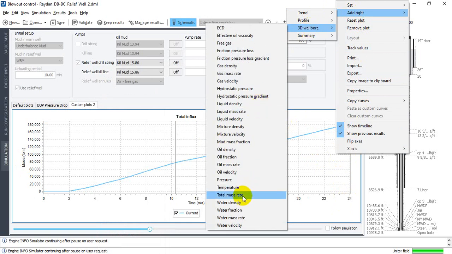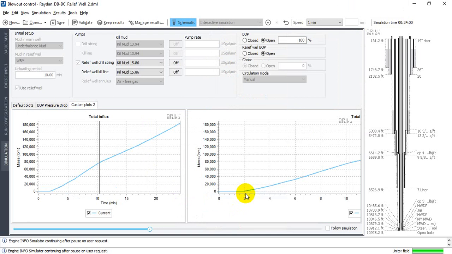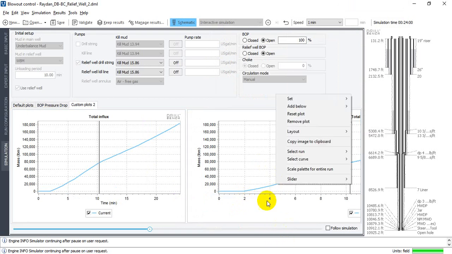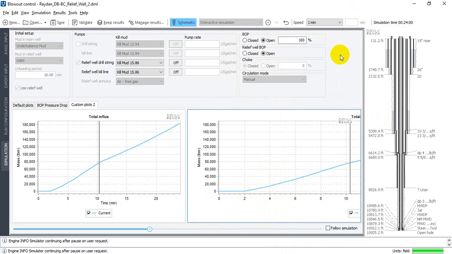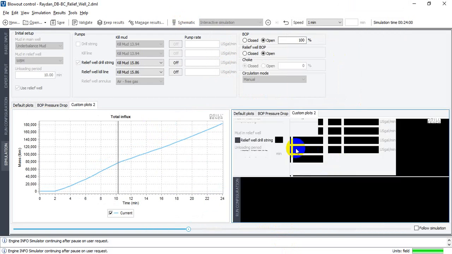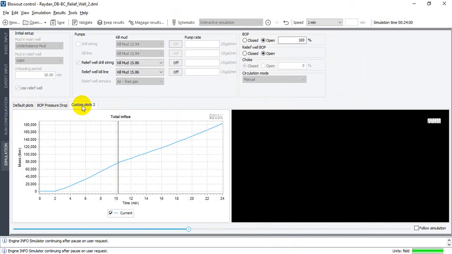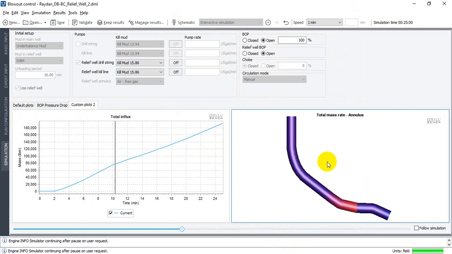If we measure total mass rate, we can schematic it, because this is the total mass rate in the annulus. We have the losses here where the red is the total mass rate at the annulus.